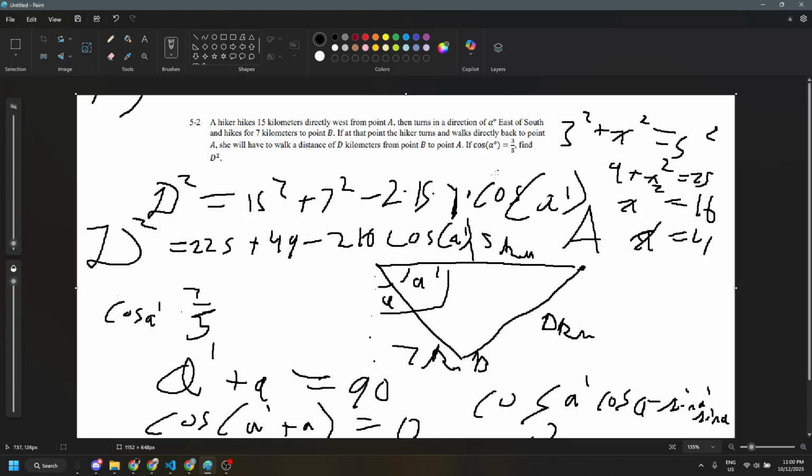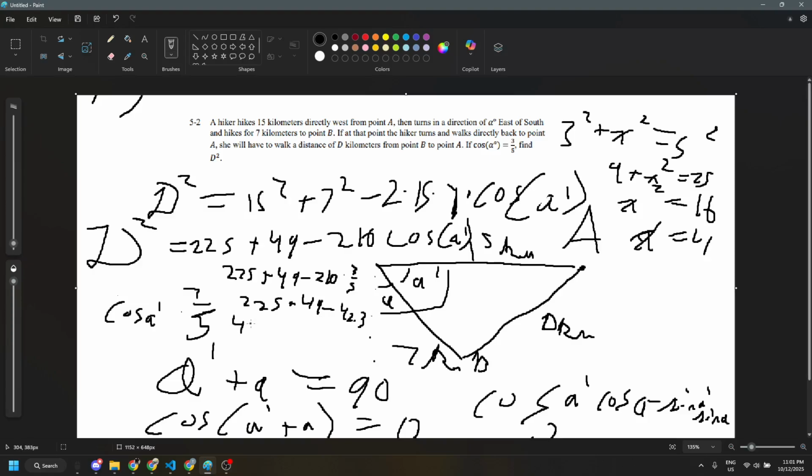Let's use 2/5 and put this in here and see what happens. We have 225 plus 49 minus 210 times 3/5. Over 10 would be 21, it would be 42 times 3, so it would be 126.